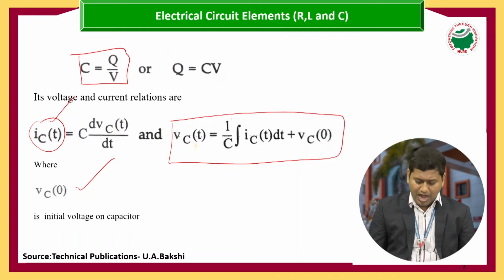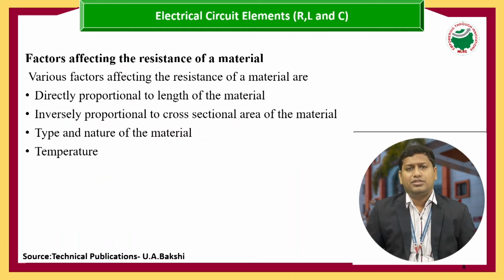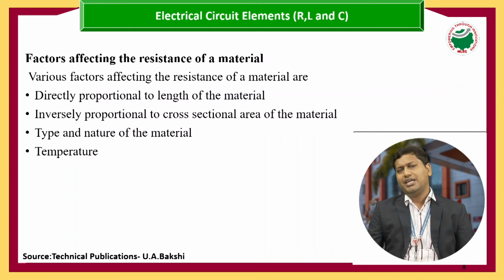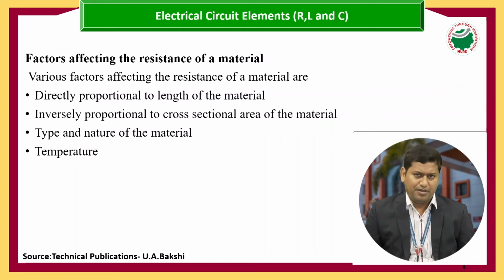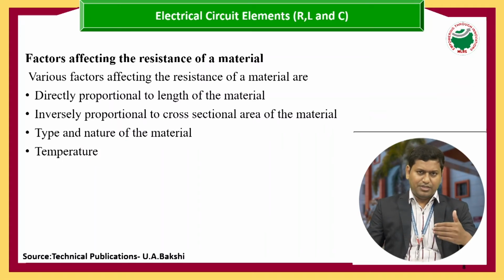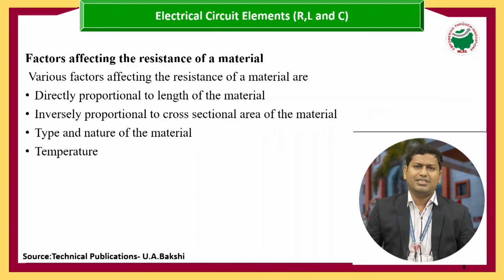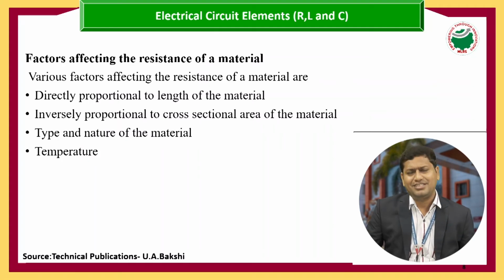After that, the factors that are affecting the resistance of a material. We have seen the formula, that is R equal to rho L by A. There you have various parameters that are affecting the resistance. This question may come for 2 marks in the exam: what are the factors that are affecting the resistance of a material.